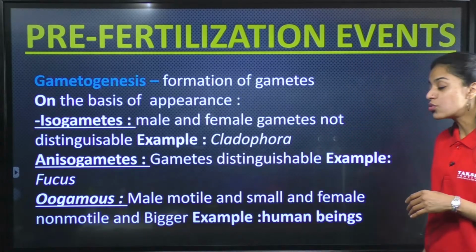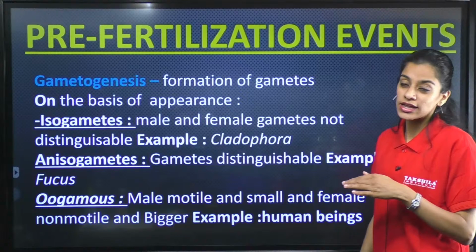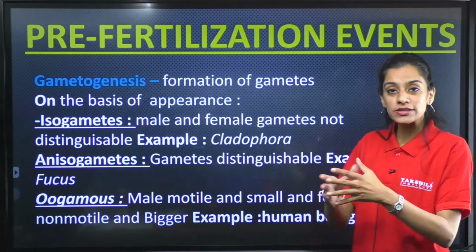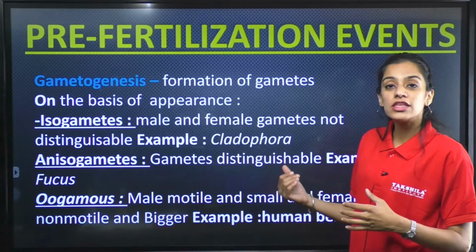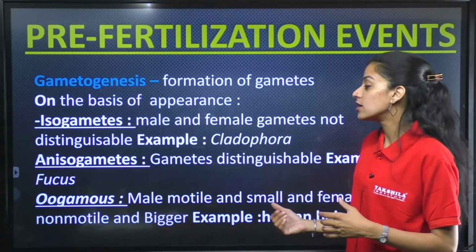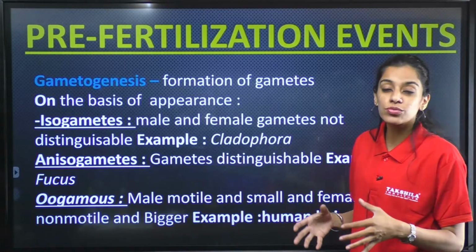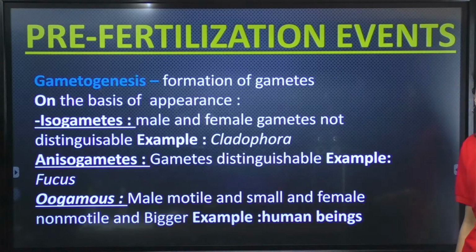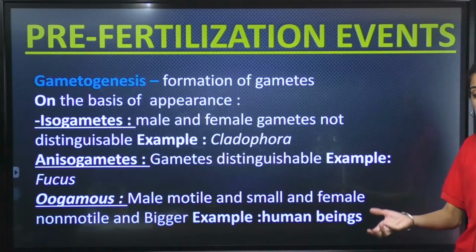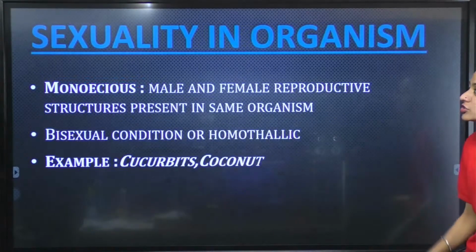Then is oogamous, where the male will be small and motile and present in large number, whereas the female one is non-motile, lacking all the structure and bigger in size. So for example, in human beings we have the sperm and the egg. So this is about gametogenesis.